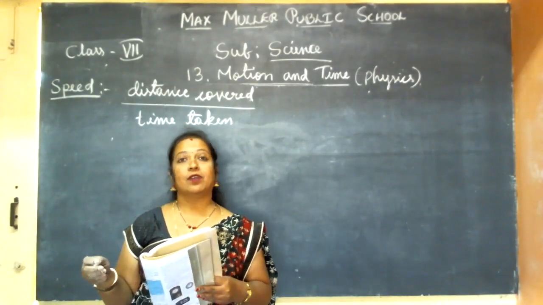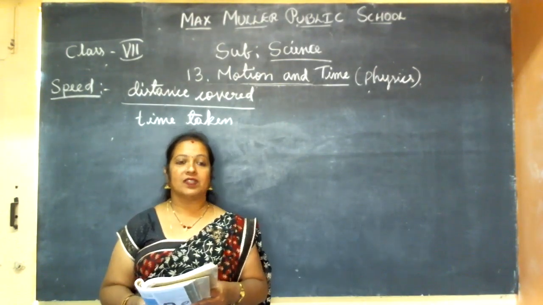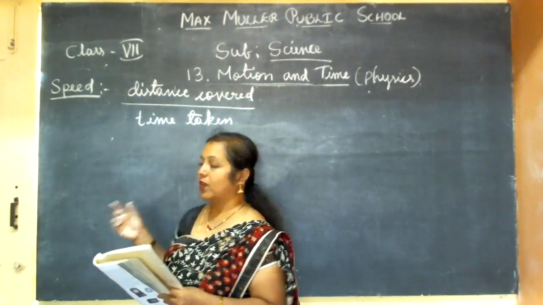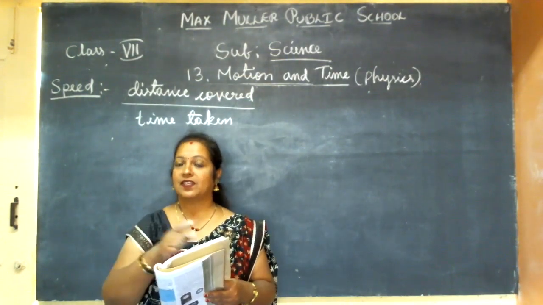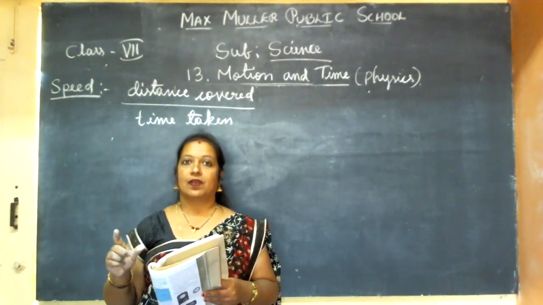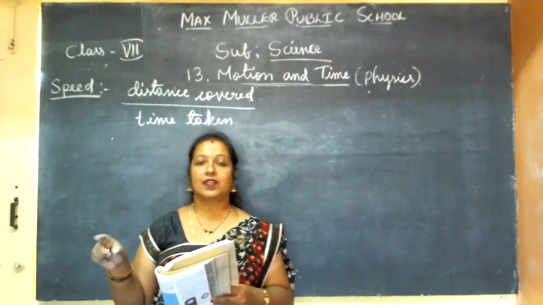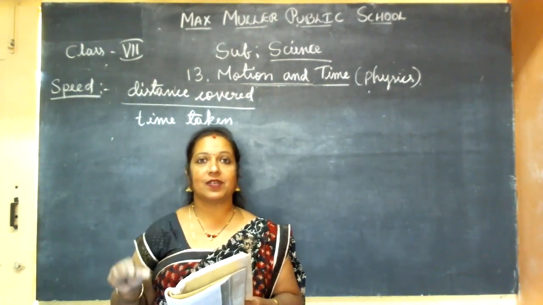Both we have to measure. See, concentrate here on this measuring. Why do we want to measure the time? Because by seeing the distance covered and the time taken, only then can we decide whether it is moving faster or slower. That's why time measurement is very much needed here.